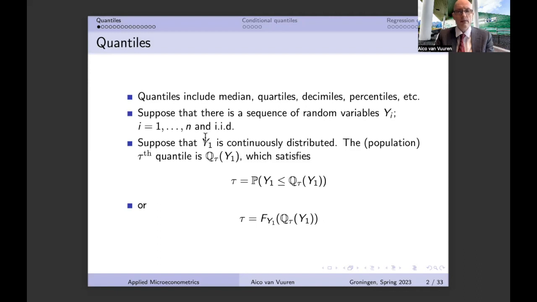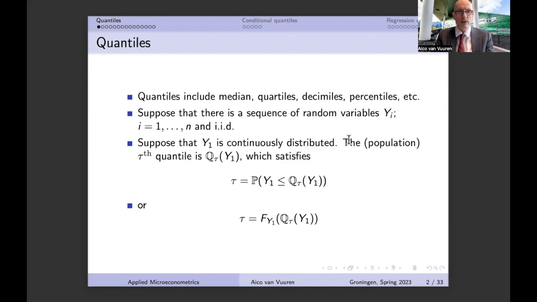That's not really necessary for looking at quantiles, but generally things become much more difficult when we look at discretely distributed random variables. In the case of quantiles, at least the notation is going to be much more difficult, and therefore I've chosen to just assume that Y_1 is continuously distributed, and then later on say what happens when we have a discrete distribution.